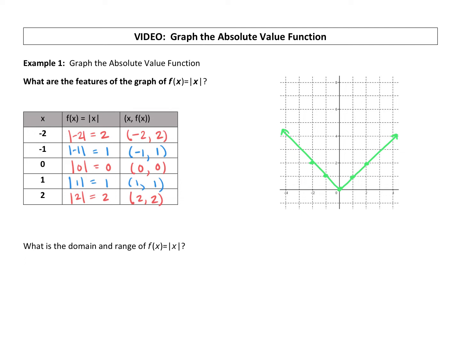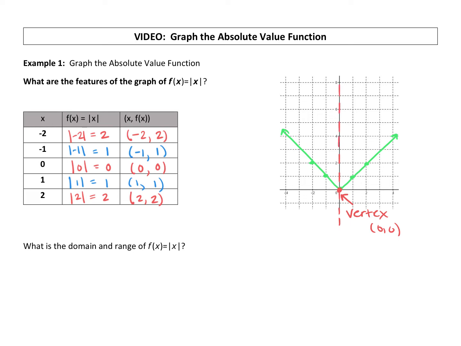So let's tie in some of that vocab we saw in our last video. We know that this point 0, 0 is the vertex. That is the lowest point on this function. I also could draw in the axis of symmetry. That's going to be the symmetry line that cuts your graph in half.